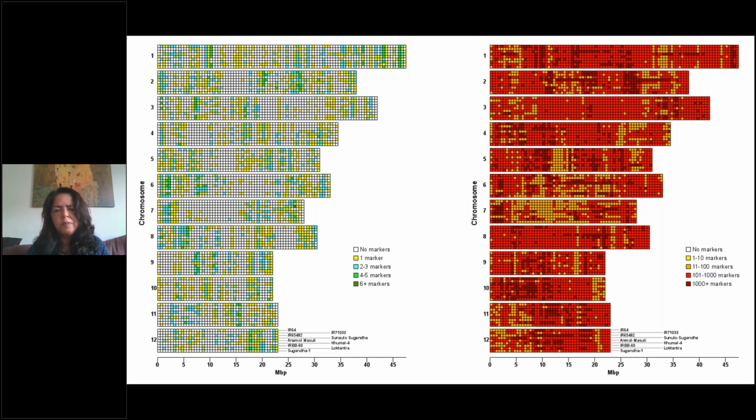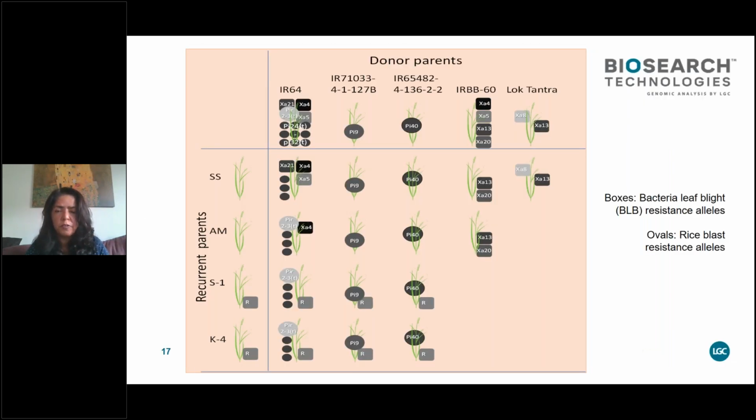Using these markers and using varieties from IRRI where there is blast and BLB resistance, they were the donor varieties, and the recurrent parents on the left-hand side contained no resistance to blast or BLB. From these crosses we were able to select, through backcrossing, progeny that contained resistance to both diseases.